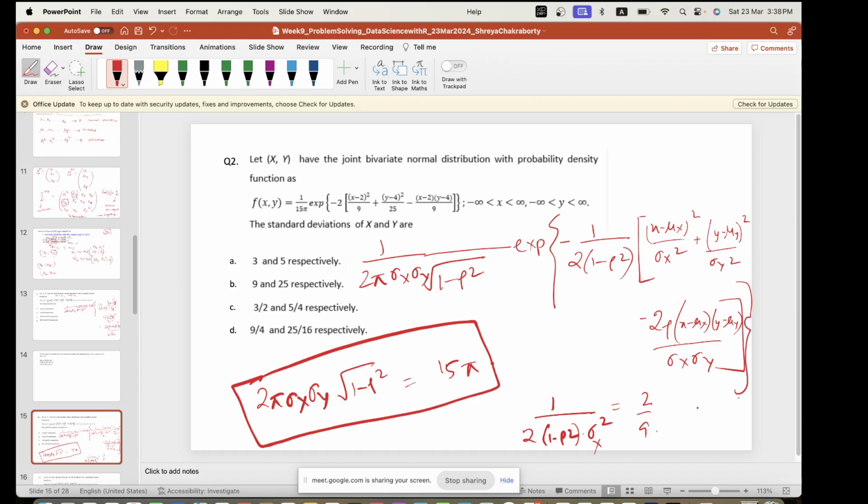Similarly, this is another equation that I have: 1 by 2 into 1 minus rho square into 1 by sigma y square is equal to how much? It is 2 by 25.